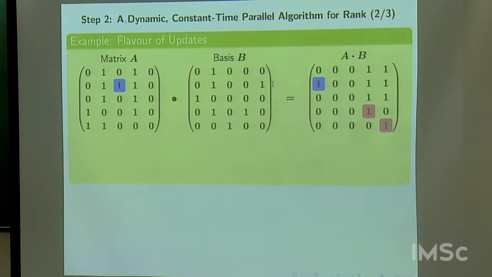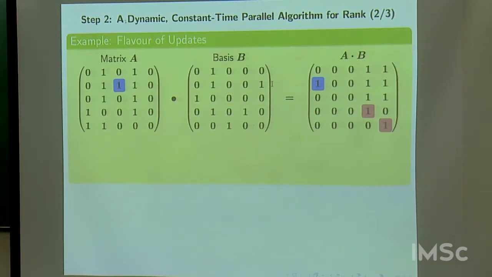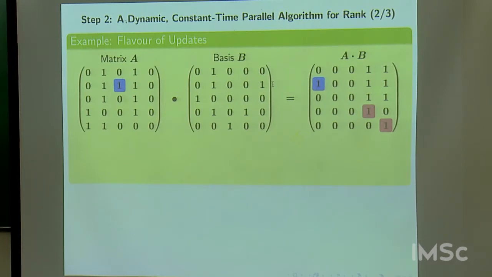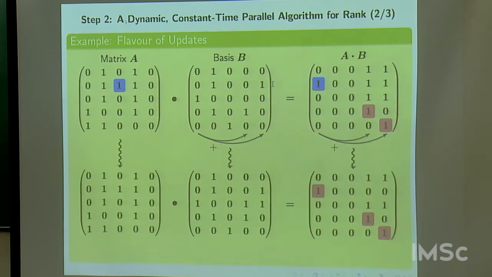So you want to say that the rank is 3 now because there are 3 non-zero columns, each having a unique 1. So you add the first column to the last 2 columns, and you get as a result 3 ones, correct?